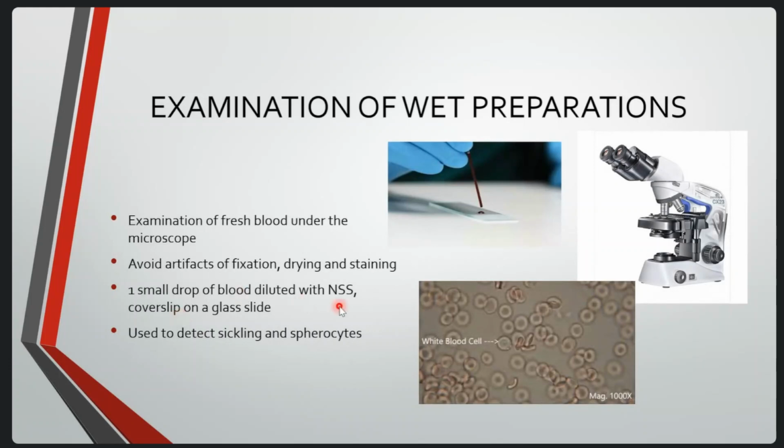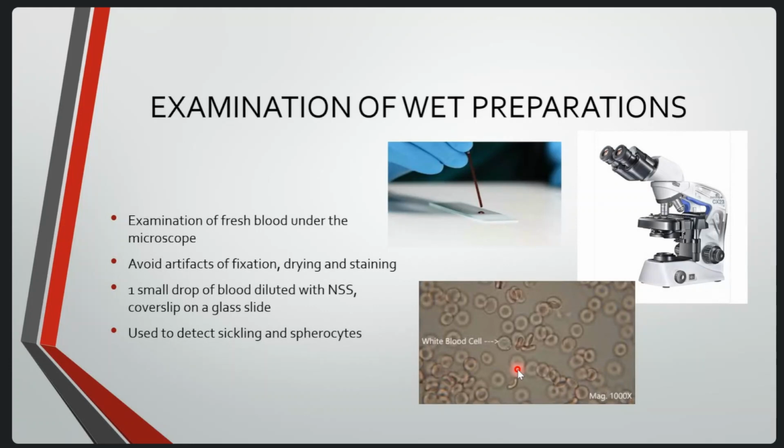Here we use a small drop of blood that is diluted with NSS, and then you cover it with a glass slide and examine it under the microscope. This is what you see under the microscope. These are just red blood cells.